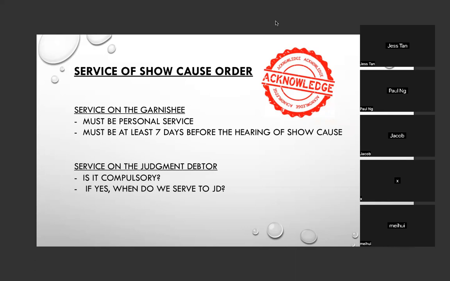But what if your judgment is not the final judgment, but a judgment in default of appearance? That means you can't actually get into contact with the judgment debtor. Let's say, for example, your judgment in default of appearance is obtained by way of SS application.